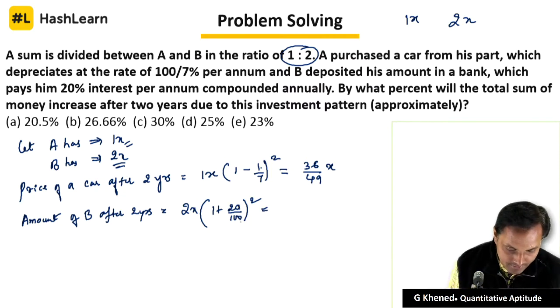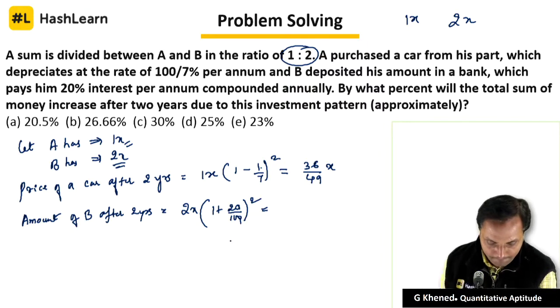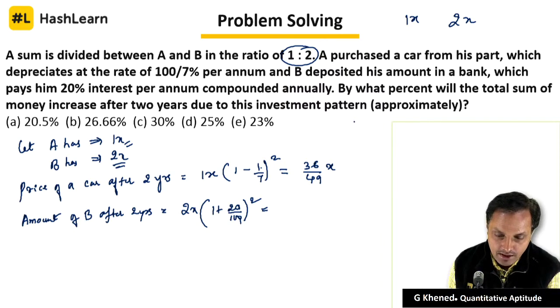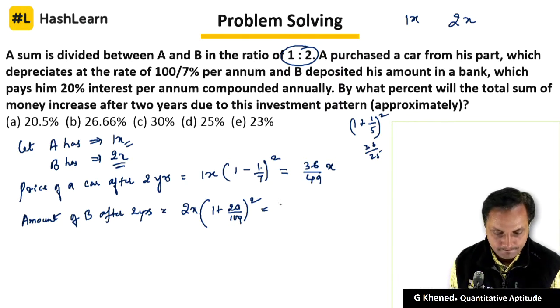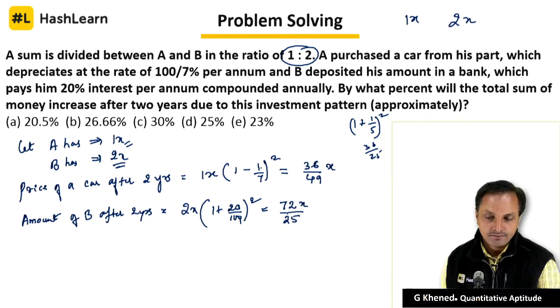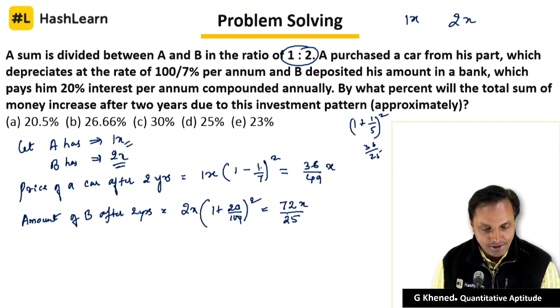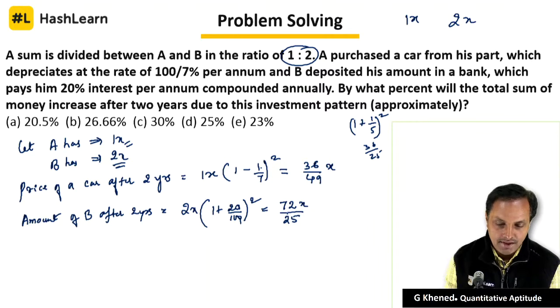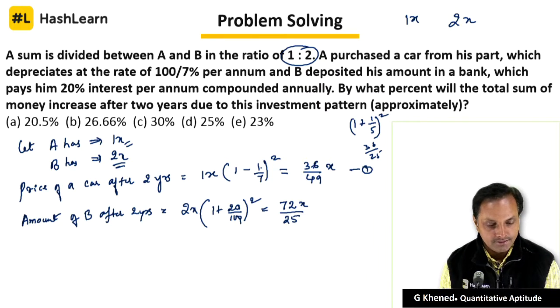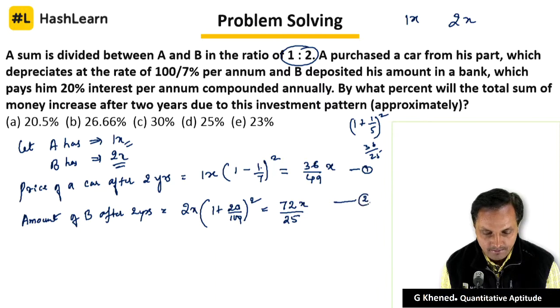So you can just cancel this with this, and how much you will get, that is 1 plus 1 by 5 whole square, that is 6 by 5 squared, is 36 by 25. 36 into 2 is 72. So this is the amount B will get at the end of 2 years. So this is what A is getting and this is what B is getting.